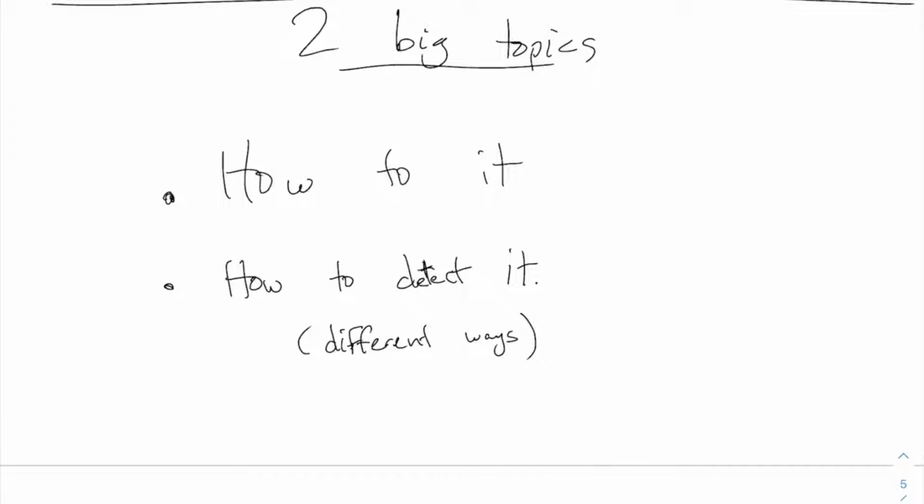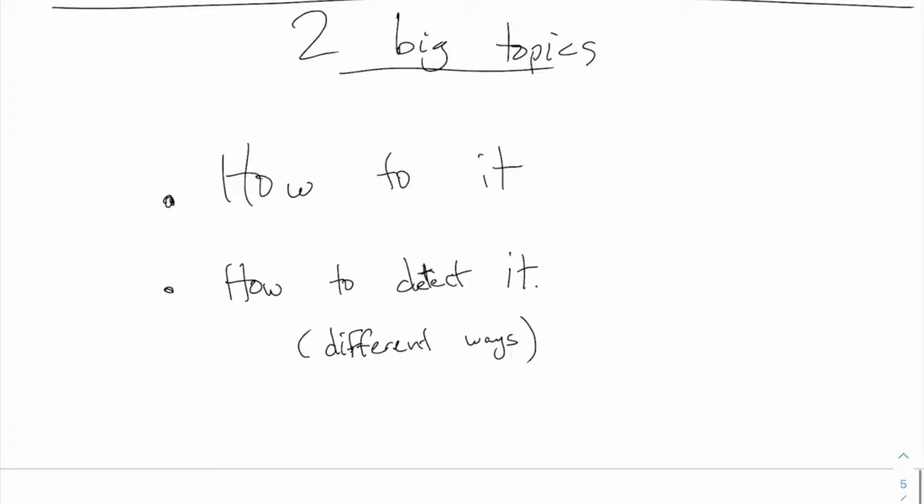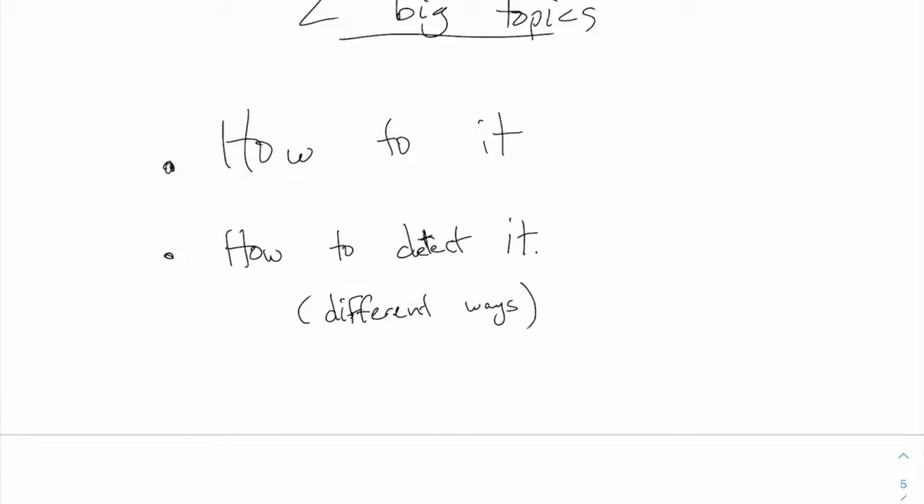Some kind of way to detect and measure partisan gerrymandering. So this is what we're going to talk about. We're going to focus on the first one for today: how to do it. If I give you a map, can you actually draw the weird lines in order to make the outcome turn out a certain way? That's what I want to talk about first.